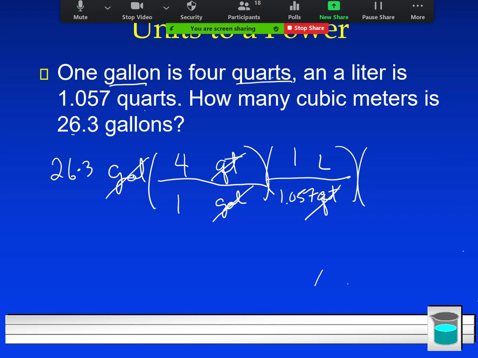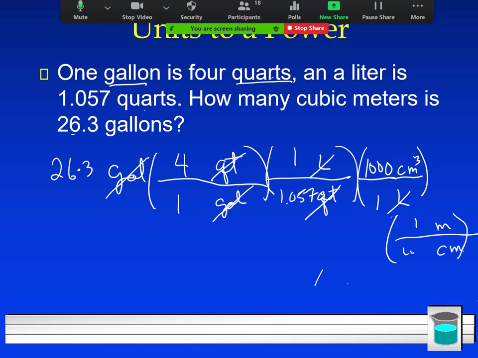Now I need to get rid of liters. And I got to liters so I could get to centimeters cubed, because 1 liter is 1,000 cubic centimeters. So now I want to get rid of centimeters cubed. But centimeters I can turn into meters. 1 meter is 100 centimeters.